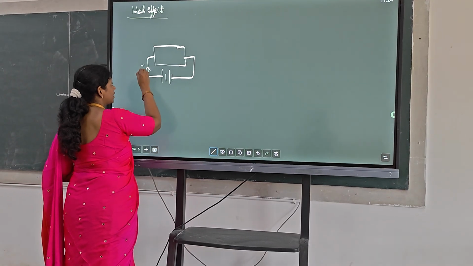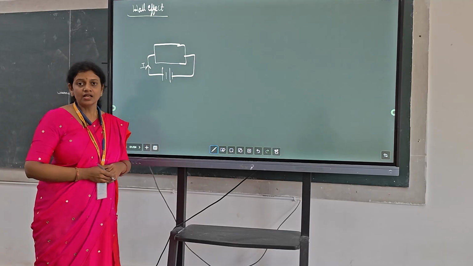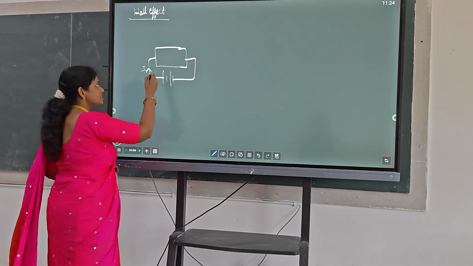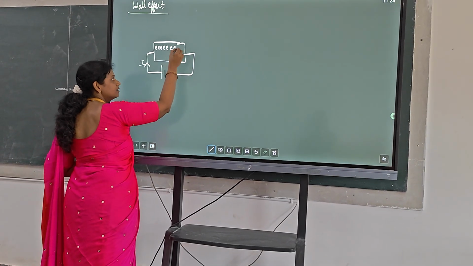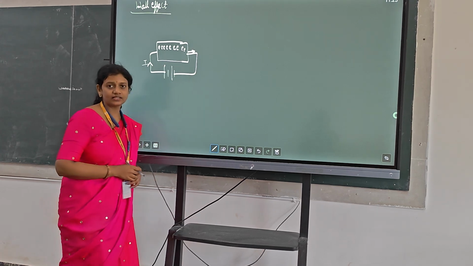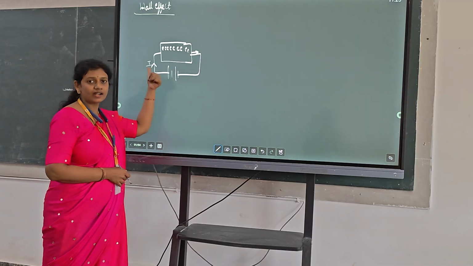In other words, we can say that the current will flow in this conductor. This indicates that the electrons are entering inside the conductor and flow easily. So the current is flowing in the conductor.